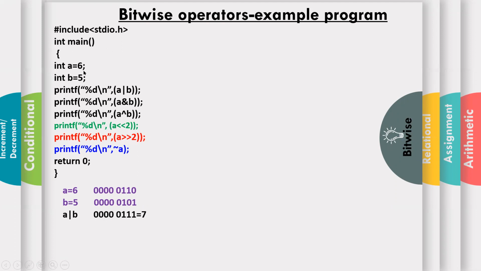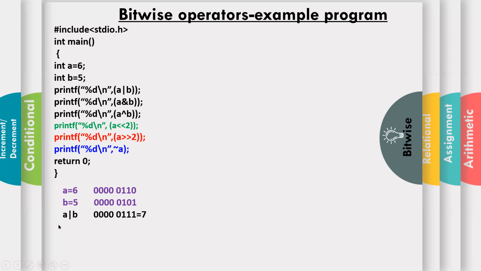So 4 into 8, 32 bits. That means 0110, and before that the remaining bits are all zeros. So total 32 bits of memory is allocated for an integer. The first initial bits are all zeros and the last bits are 0110 here. Of course, I consider 8 bits. Before that, some 24 bits are zeros. For 5 also the same thing.